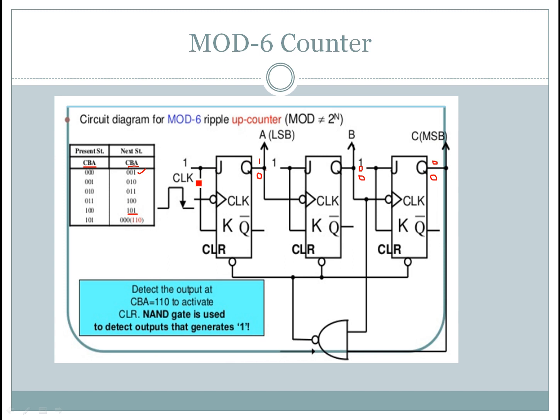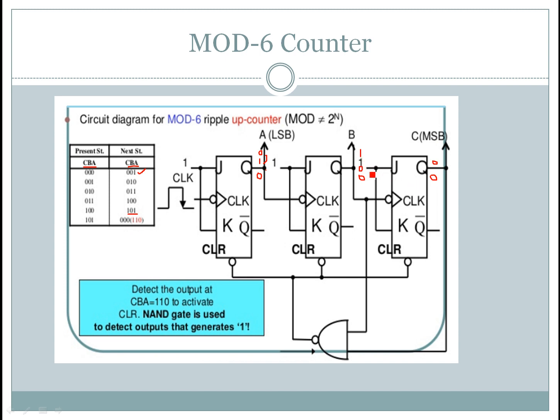Again for the next negative edge, the first flip-flop changes its state from 1 to 0, and now this 1 to 0 transition is a negative edge, hence the second flip-flop changes its state from 0 to 1, right?